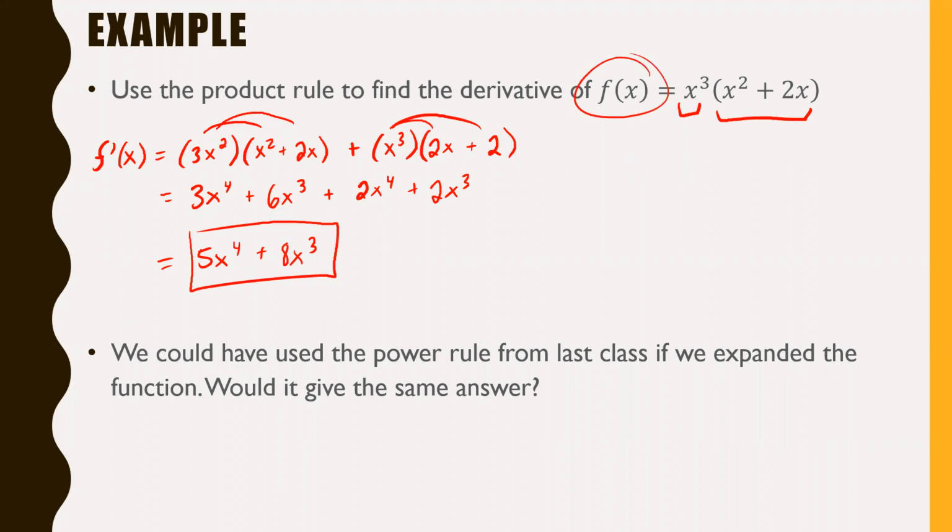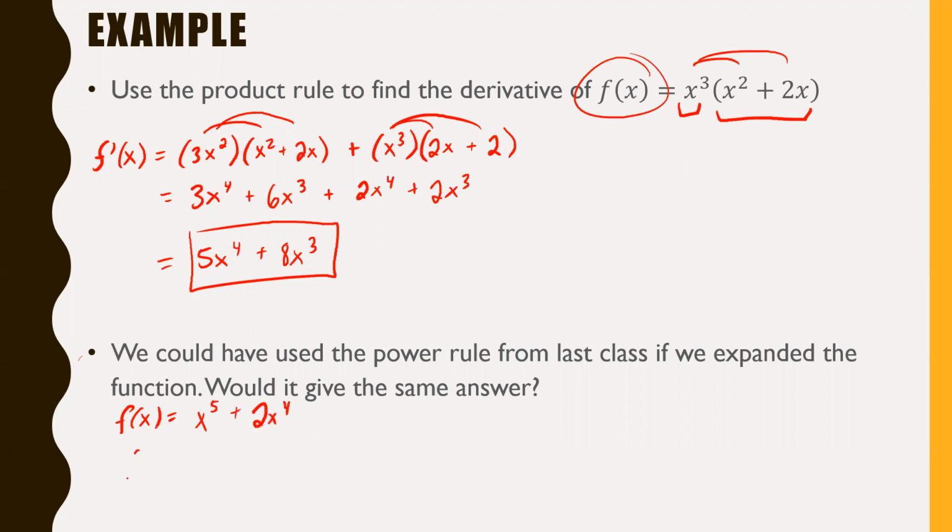Now, kind of like I alluded to in the last slide, we could have used the power rule from last class if we just expanded the function in the beginning, right? Would it have given the same answer? Probably can guess right now, yes, it would have given the same answer, but let's prove this real quick. If we double dipped this through in the first place, and we said that the original function f of x equals x^5, I guess, because x^3 times x^2 is x^5, plus x^3 times 2x is 2x^4.